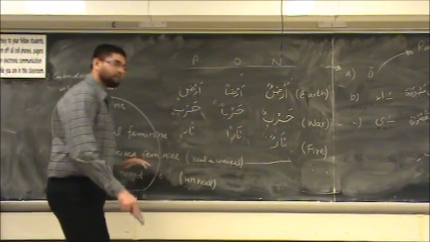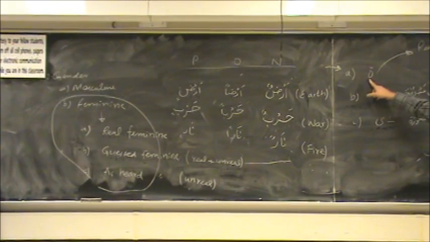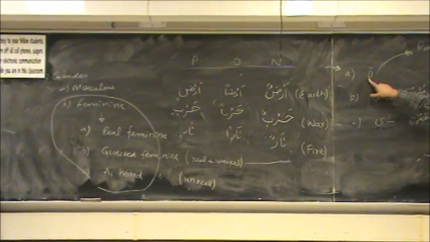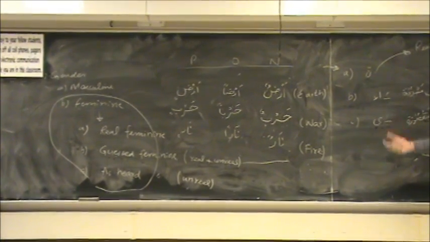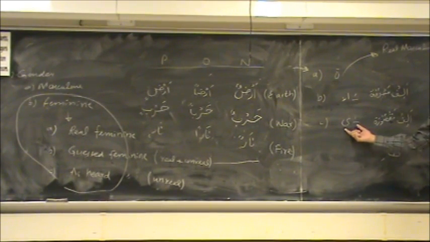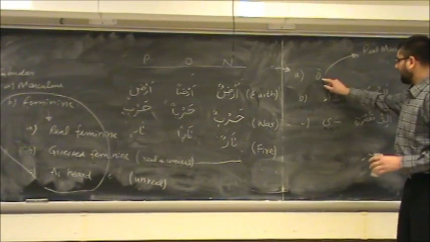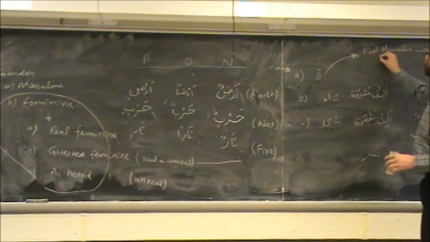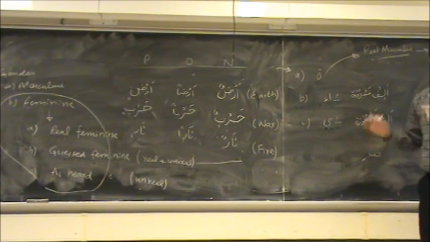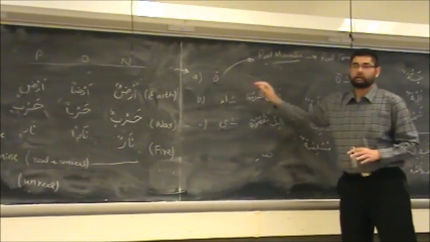So how can we guess? There are three ways. First, if there is a circular ta at the end, then it is a feminine noun. If it has this combination at the end, alif mamduda, it is feminine. And if it has this combination, it is feminine. Now, real masculines can be transformed to real feminines by adding this ta at the end.